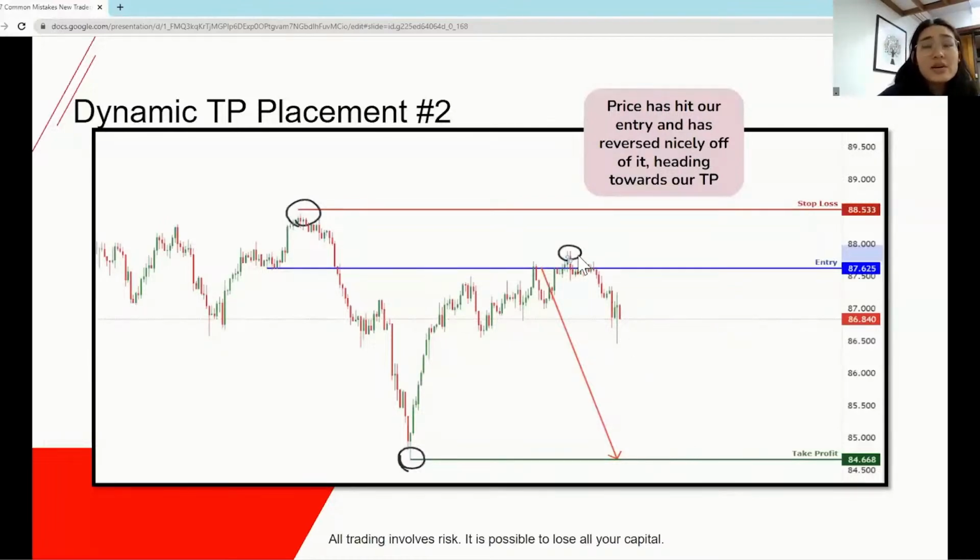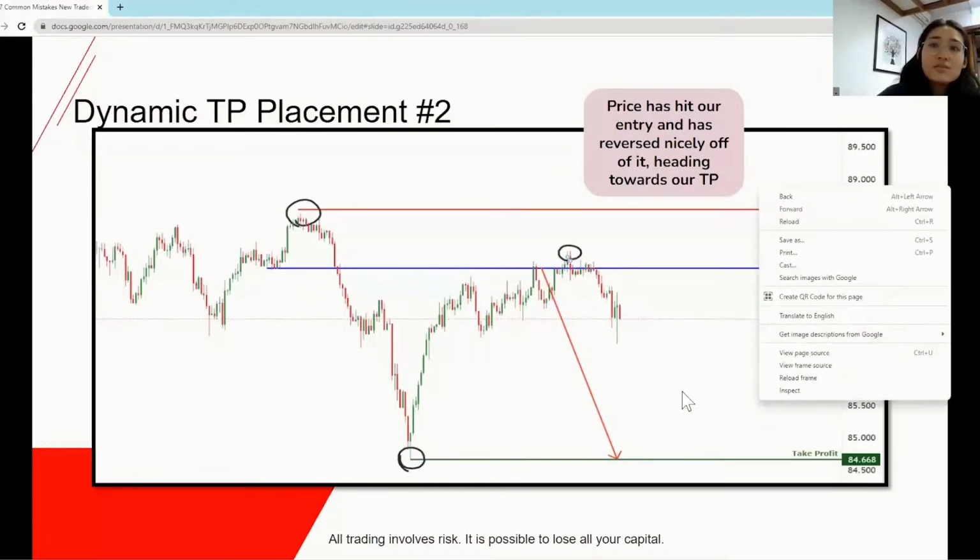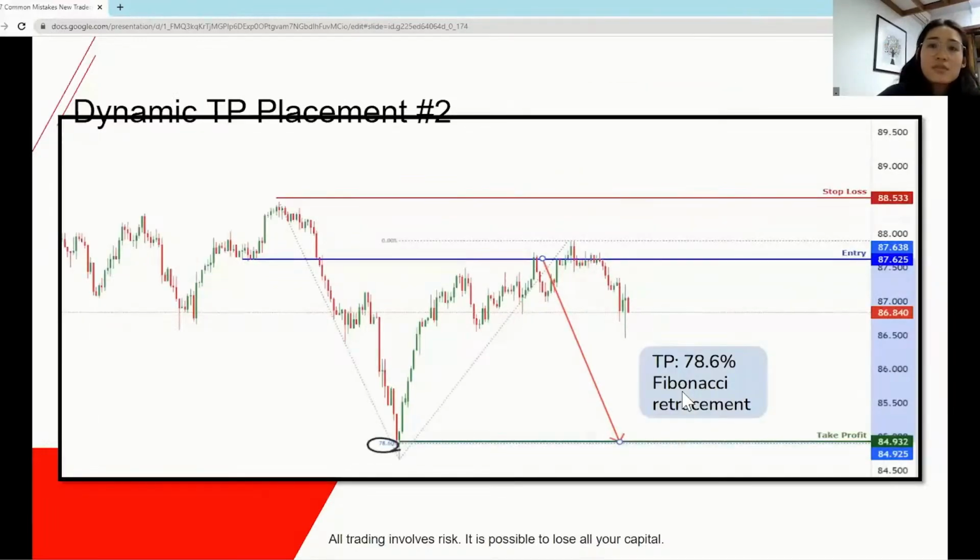Price has hit our entry and has reversed nicely off of it, heading towards our take profit. Take note, we also have another 78.6% Fibonacci retracement that aligns nicely with our take profit.